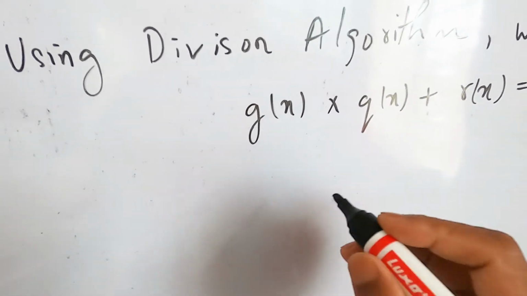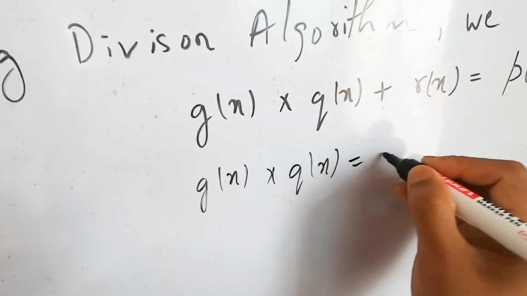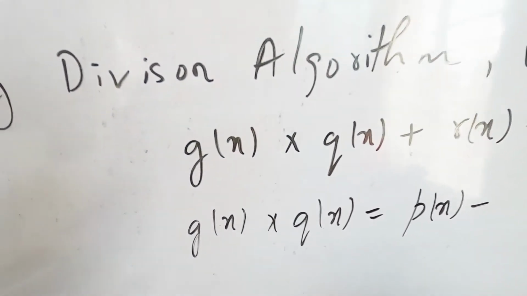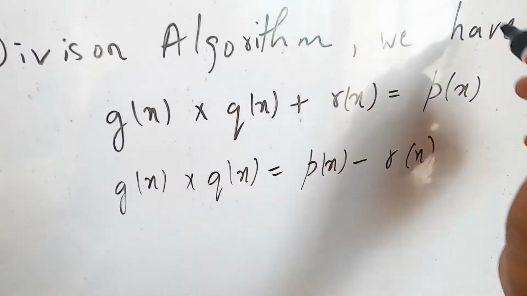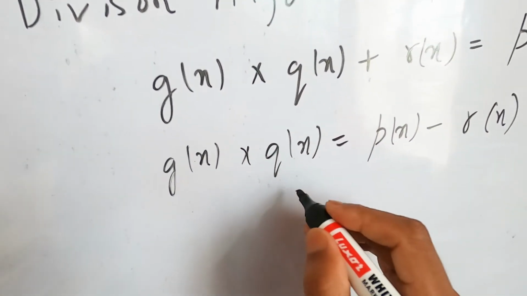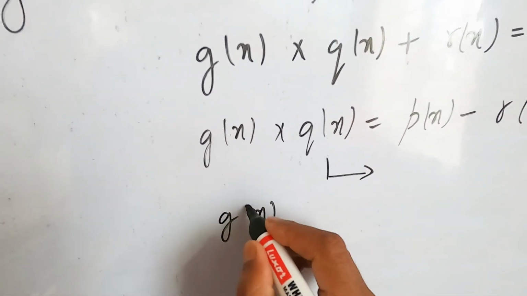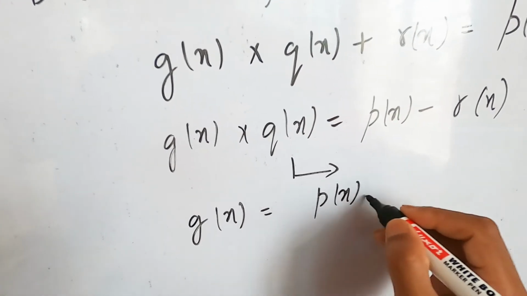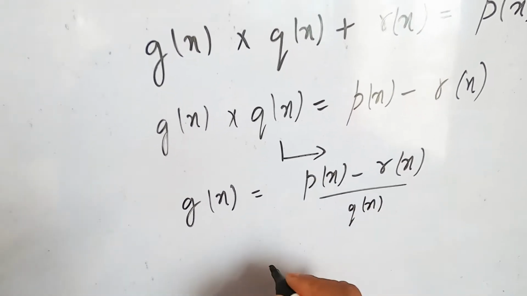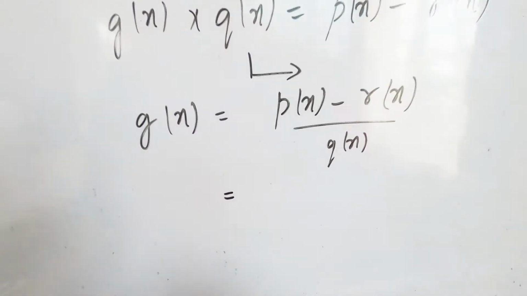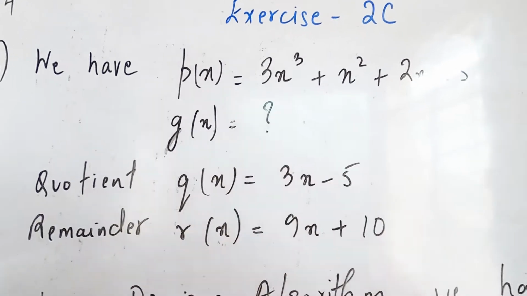So what we will do here is gx into qx is equal to px minus rx. All right, so we transfer remainder from left hand side to right hand side, it will become minus, and next, by cross product, qx will come down. So gx is equal to px minus rx by qx. Now what is the polynomial of px?